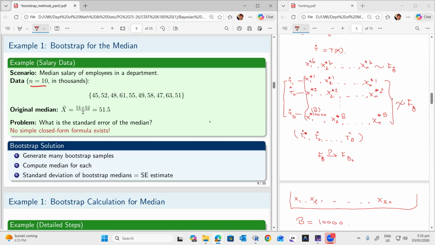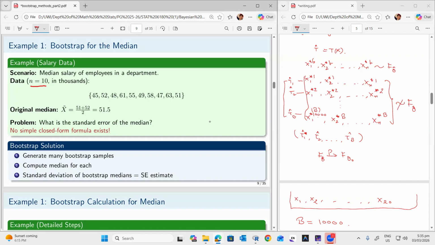I'm just changing the scale by dividing all of them by a thousand. So the data is 45, 52, 48, 61, 55, 49, 58, 47, 63, and 51.